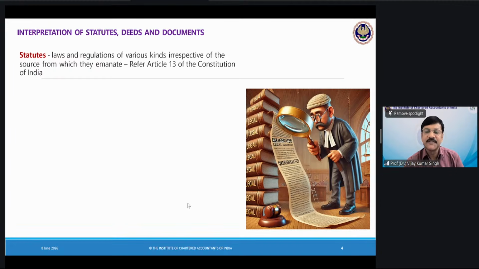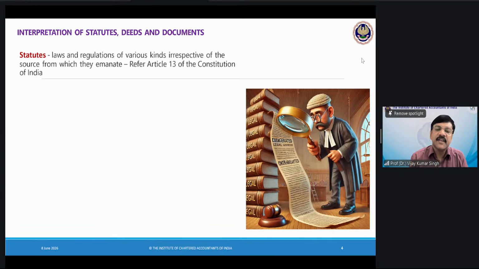So statute laws emanate from different sources. Law also emanates from customs, by the way. Customs and practices are also a source of law, particularly in the case of family law. In Hindu law, we say customs are an important source of law. And in mercantile law, that is business law, there are again some customs through which the law emanates.